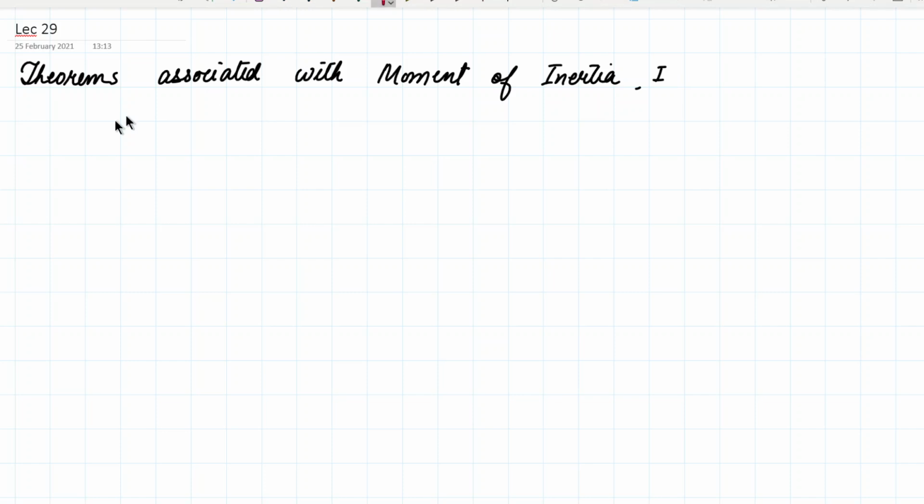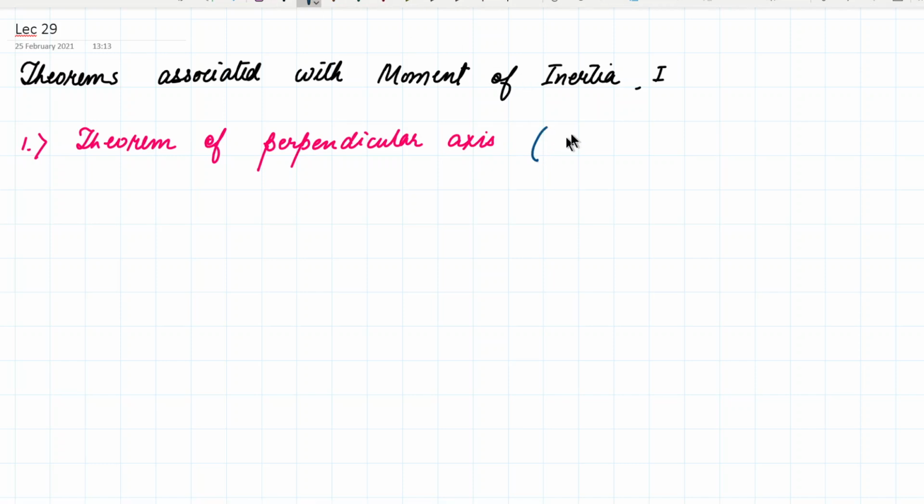Okay, so one theorem is the theorem of perpendicular axis. This is applicable for a plane lamina.